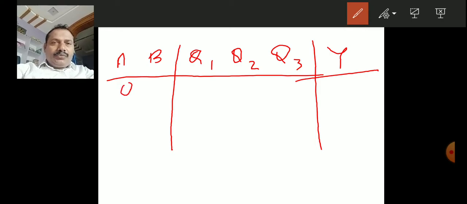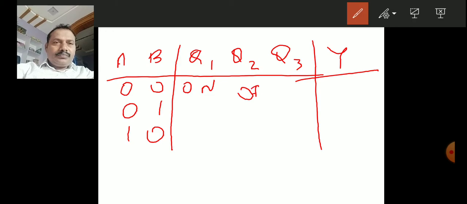When the inputs are 0, 0, or 0, 1, or 1, 0, for all these three cases Q1 is on, and Q2, Q3 are off. Hence, the output is connected to supply. Hence, it is 1.